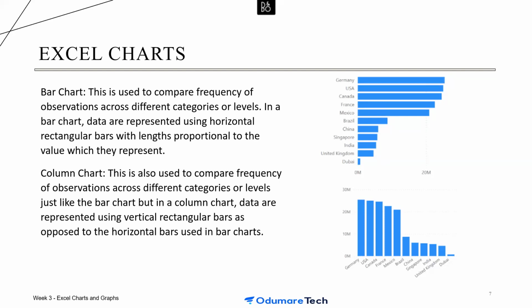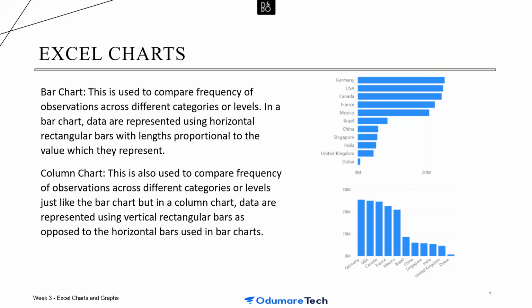Germany is actually more than 20 million, and the USA also goes beyond 20 million, but you can use this to monitor your data points and what you're trying to get out of your data.